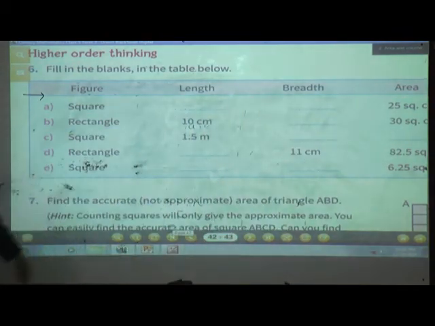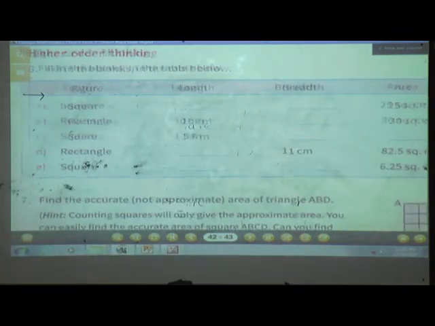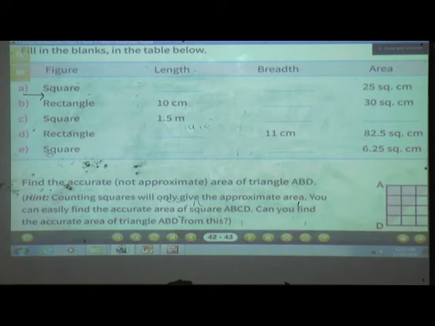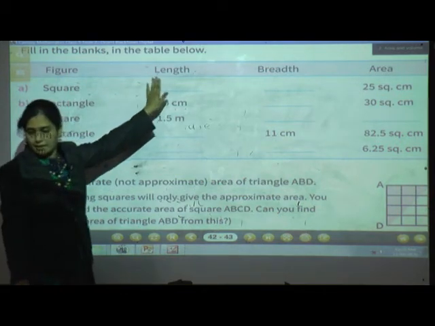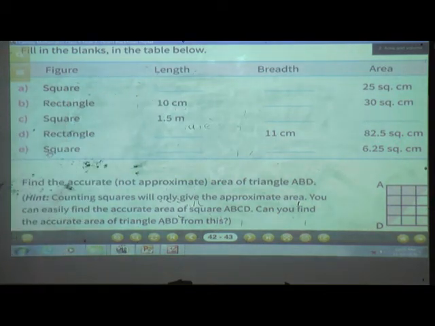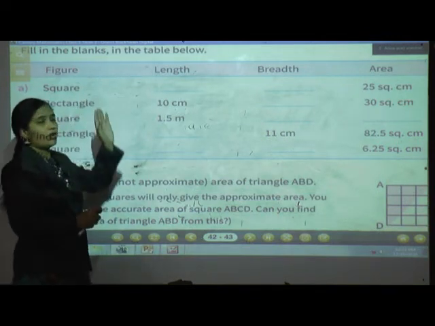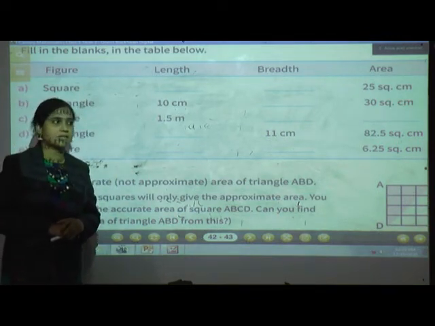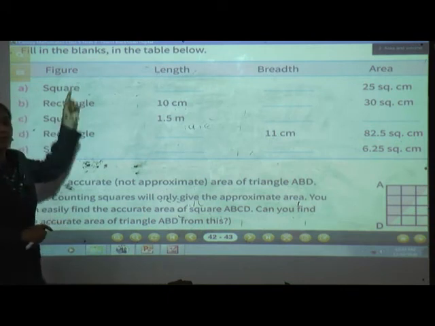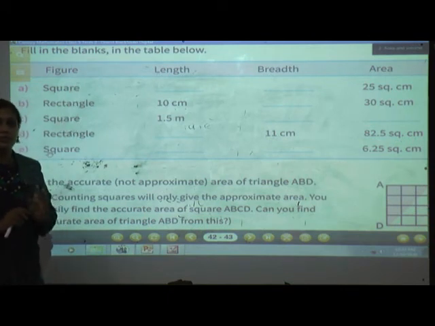See, square. Here the figure is a square. We don't know length, we don't know breadth, but we know the area of a square. Yes students, what is the formula of area of square? Yes, area of square is equal to side into side.